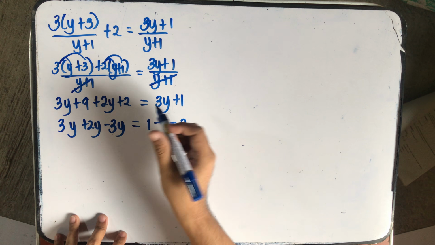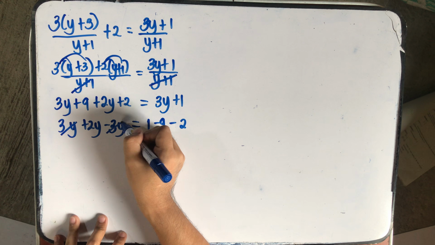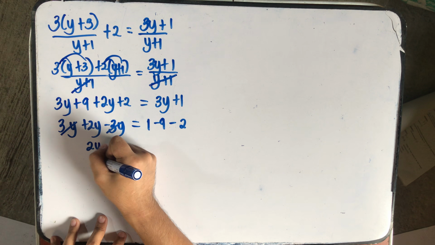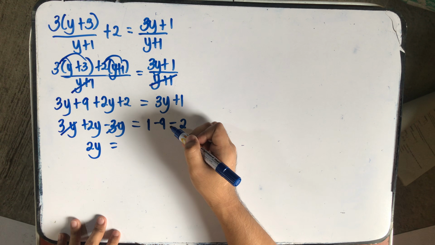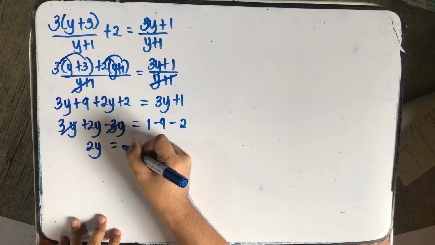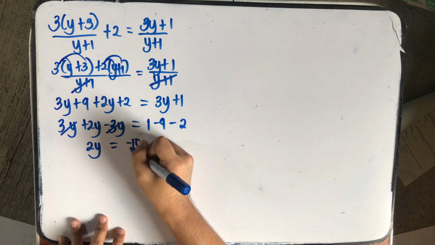Okay, therefore we could cancel out 3y and negative 3y, so that it becomes 2y is equal to 1 minus 9 is negative 8, minus 2, and that becomes negative 10.